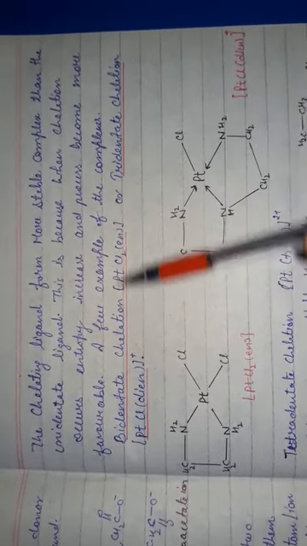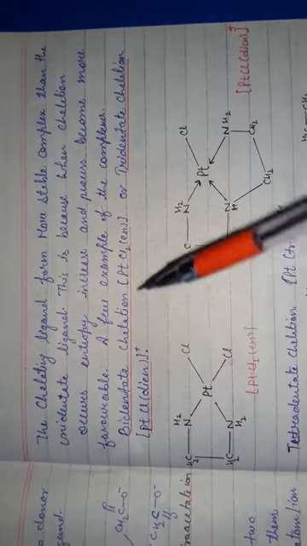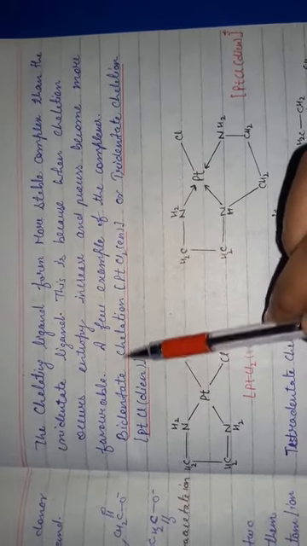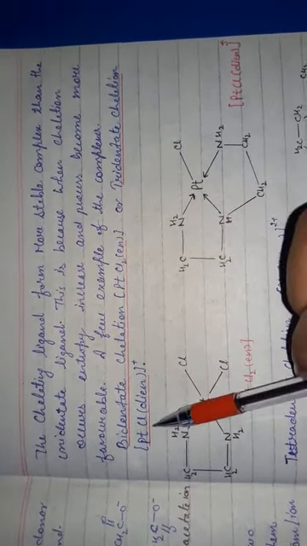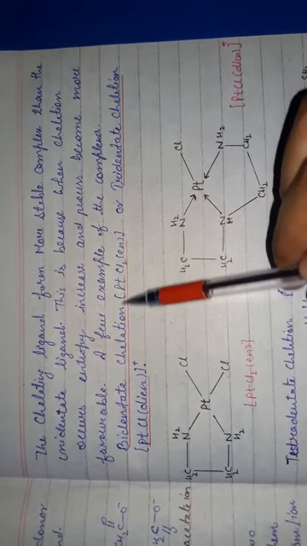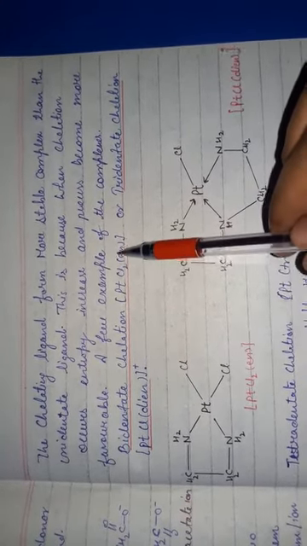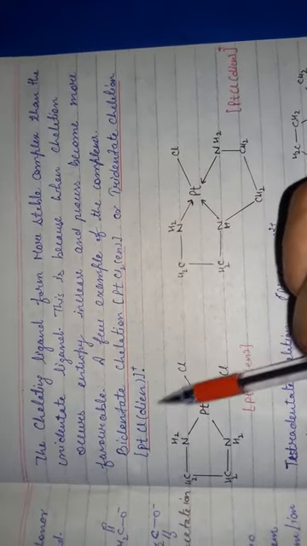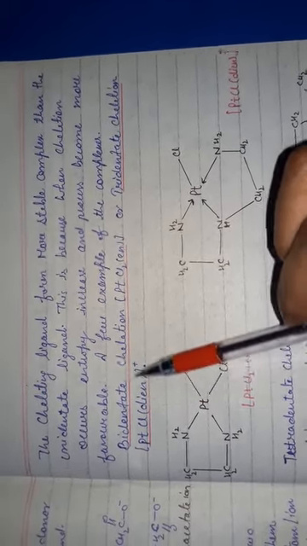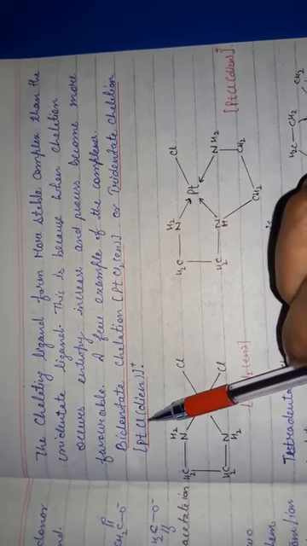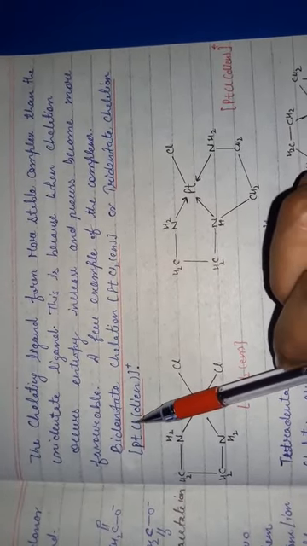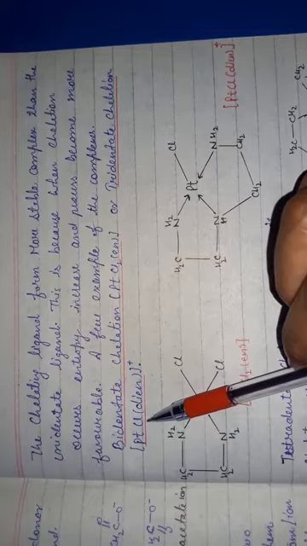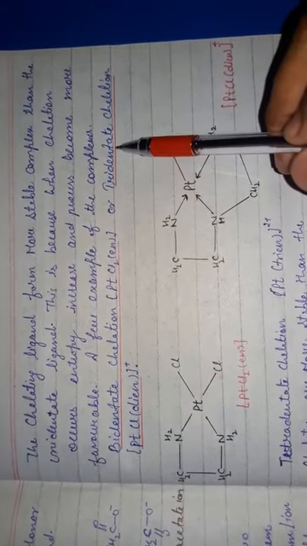Here are a few examples of chelation by a chelating ligand. There is bidentate chelation and tridentate chelation. Here one more ligand is attached in the form of chlorine, so that's why it is called tridentate chelation.